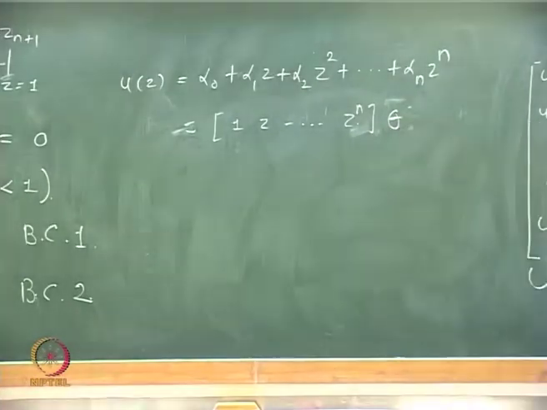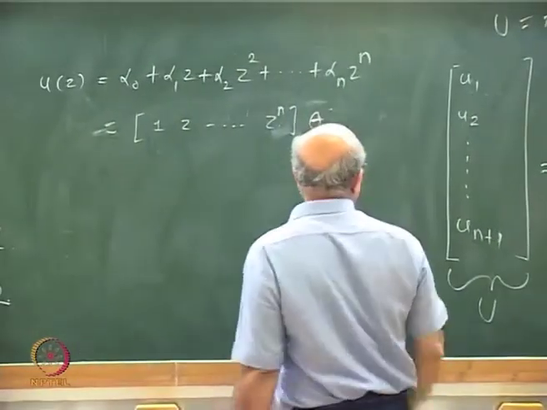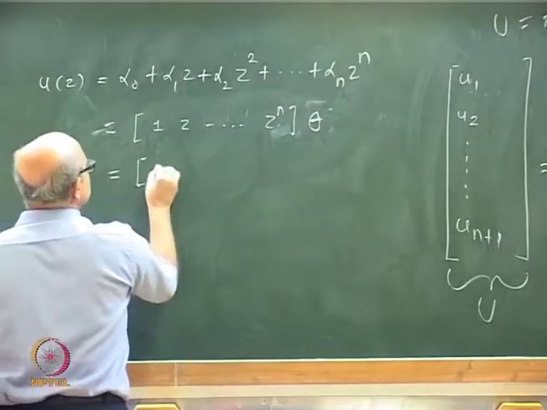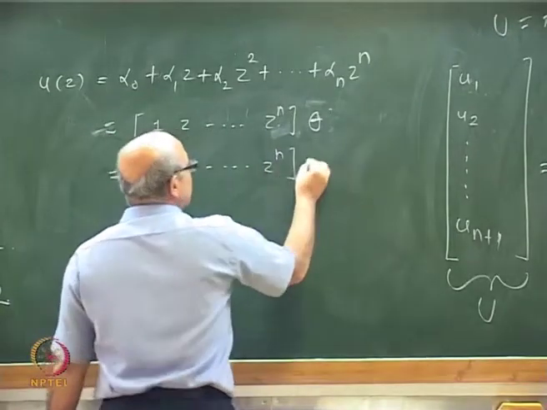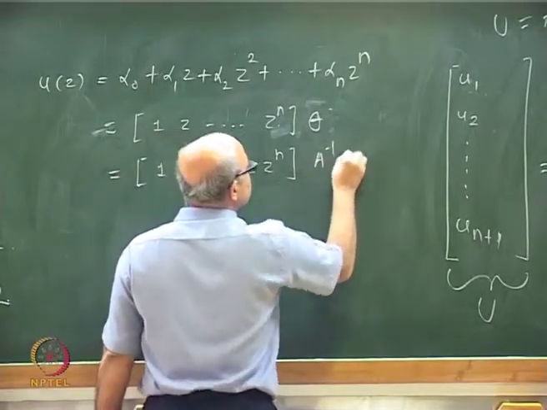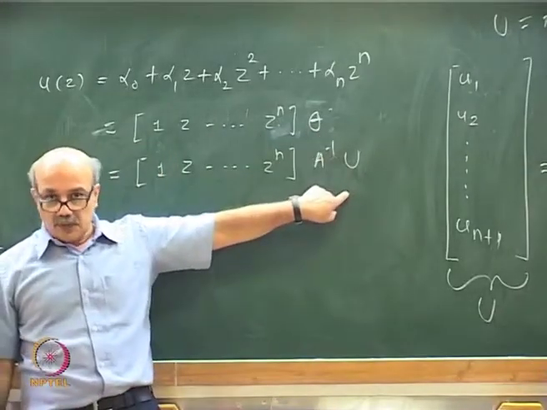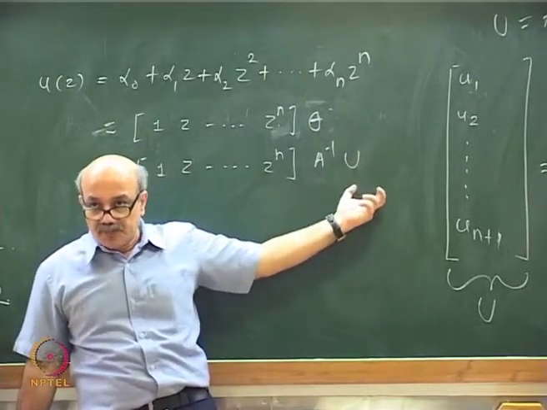This is the theta vector. And then we said that this is nothing but 1, z, up to z to the power n, times A inverse U. Theta was replaced by A inverse U. So instead of theta as the unknown, we now have U as the unknown.